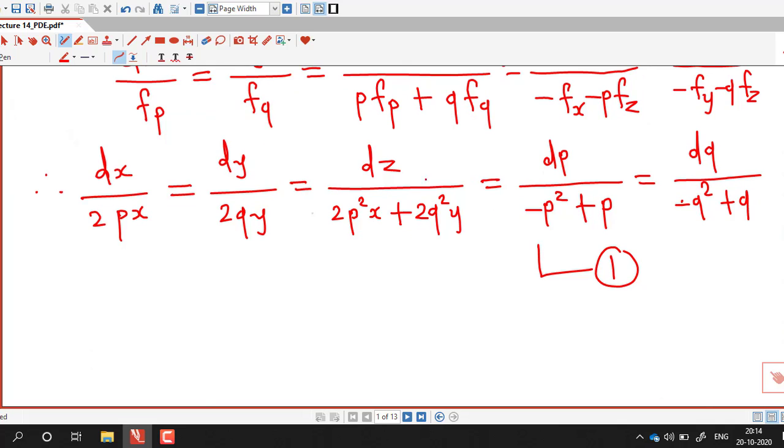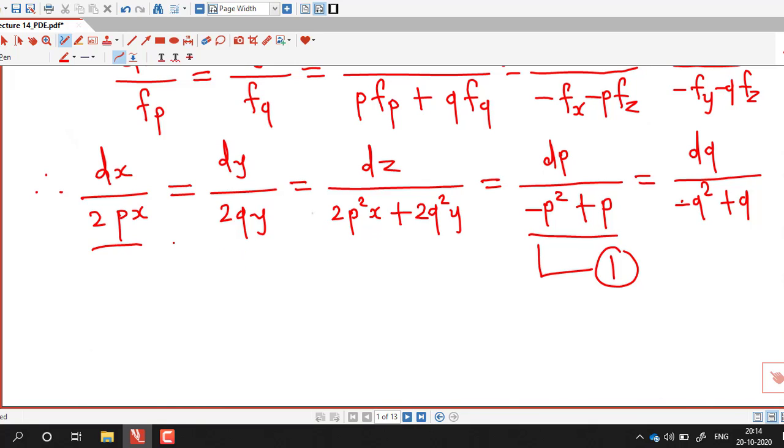Now from these 5 fractions in equation number 1, we have to identify 2 fractions such that we are able to decide the value of either small p or small q. If you concentrate on fraction 1 and fraction 4, it is possible that we may combine these two fractions and find the value of small p.